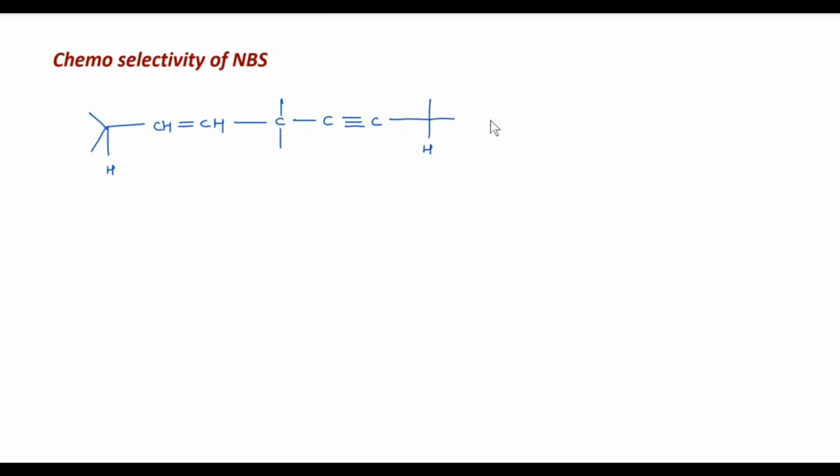If this moiety is treated with one equivalent of NBS in presence of light and CCl4, the bromination takes place preferentially at this triple bond allylic carbon.